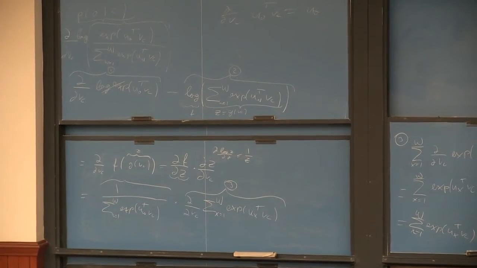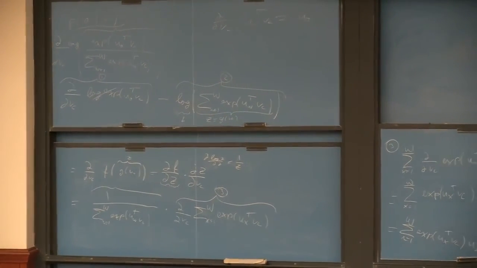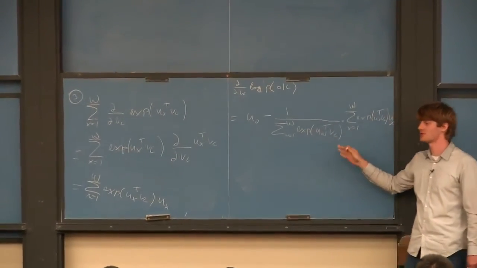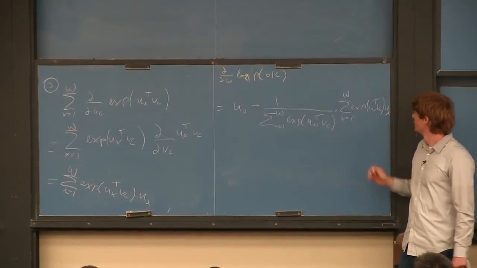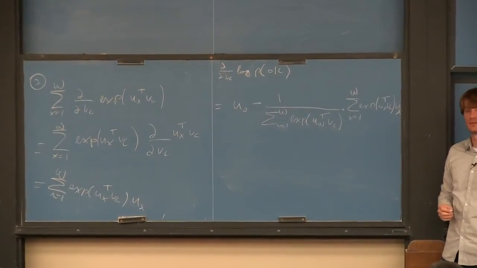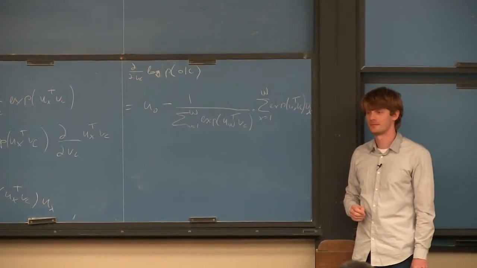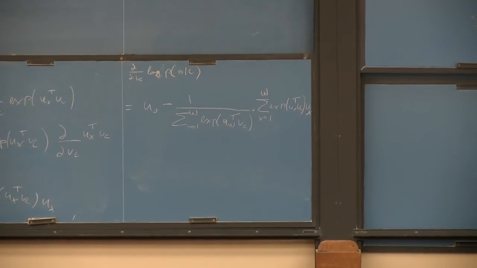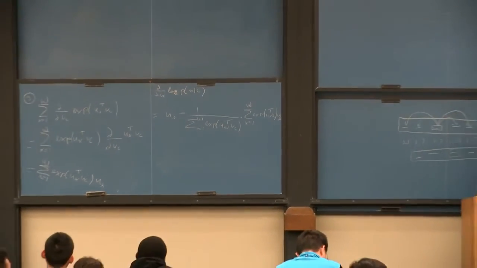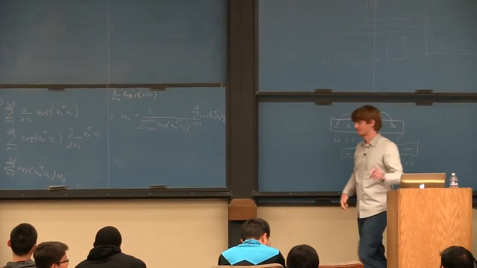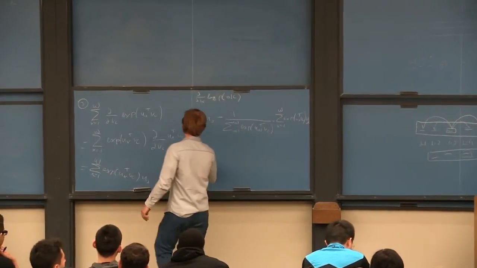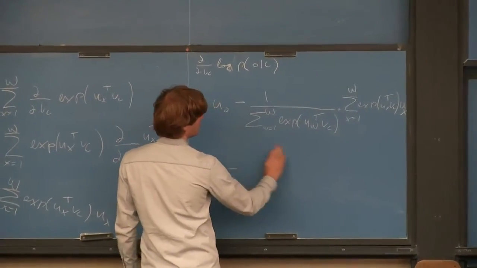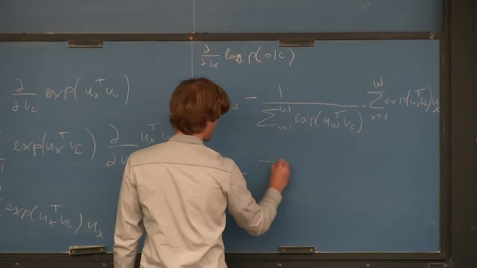So what else do we know? This is essentially just a single number, right? Inner product single number, you exponentiate, single number, you sum up a bunch of single numbers. So what could you do to this sum to maybe try to simplify things? Basically you have exponent ux times vc divided by the normalization constant. Exactly. So now we could pull this number into this sum.